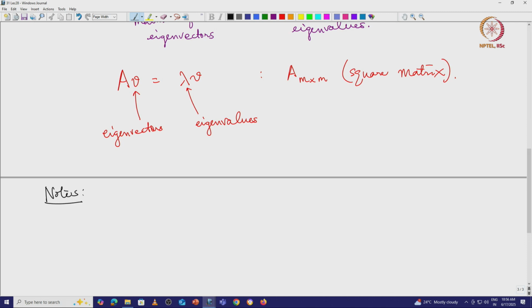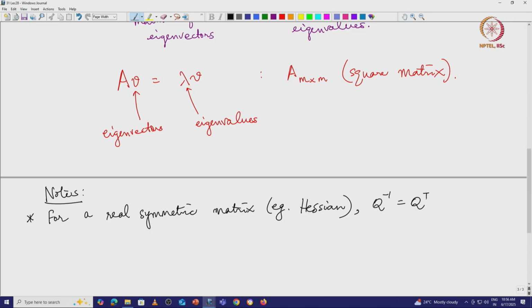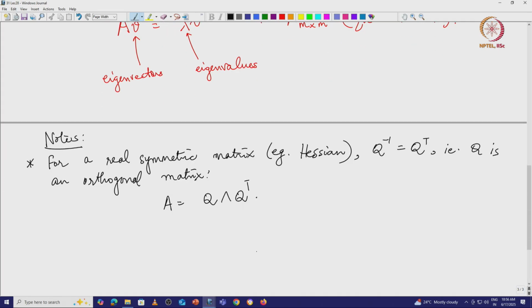The first is that, and this is something you have already seen, for a real symmetric matrix, and an example is the Hessian that you encountered a few lectures ago, Q inverse is essentially Q transpose. That is, Q is an orthogonal matrix, and then you can write A basically as Q lambda Q transpose.